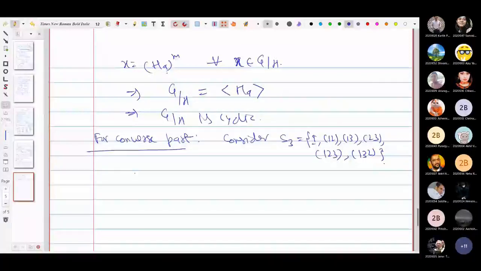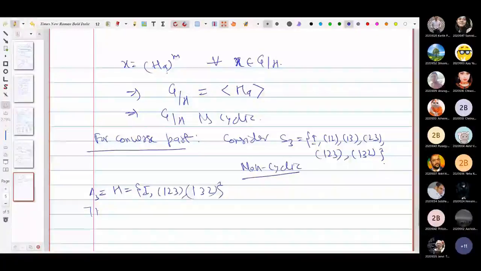And then let us consider H, that is A3. Essentially, we are taking A3, that is all even permutations in S3. So identity, (1 2 3) and (1 3 2). Then A3 is normal in S3.